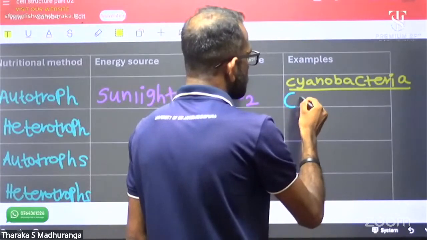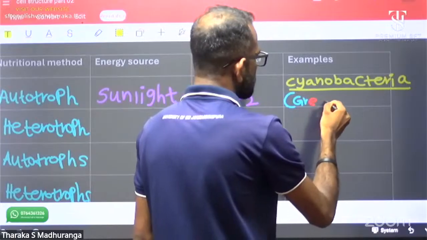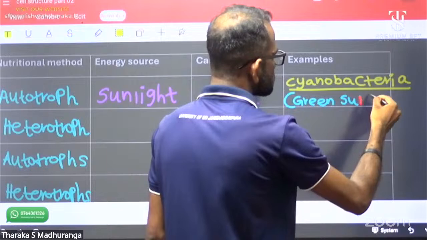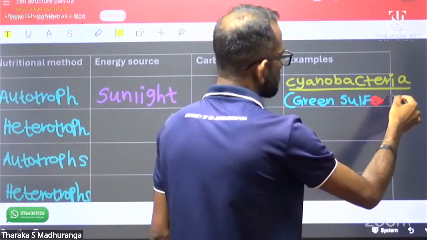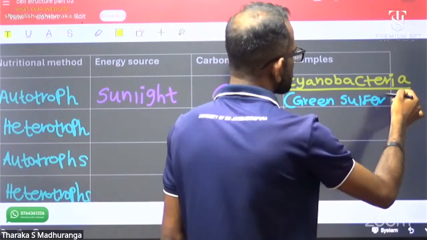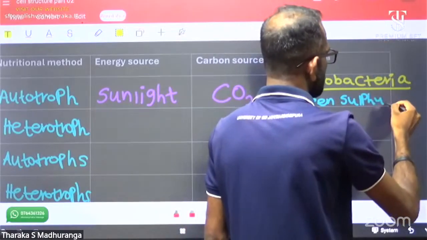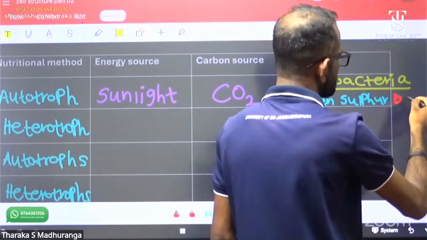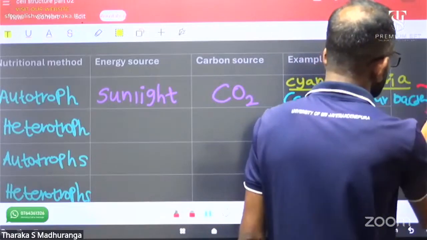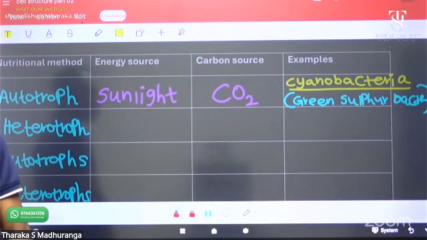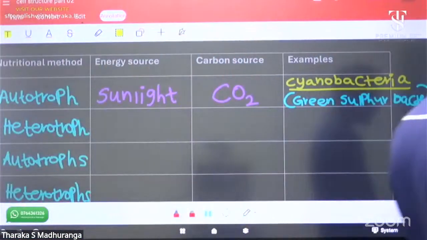There is another name, green sulfur bacteria.